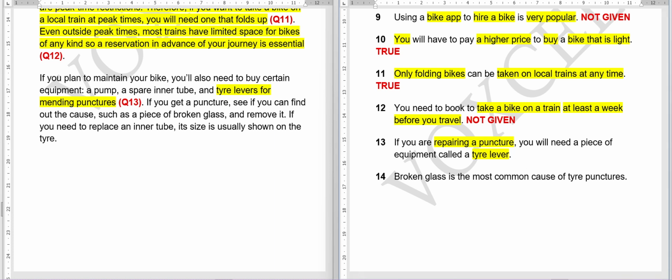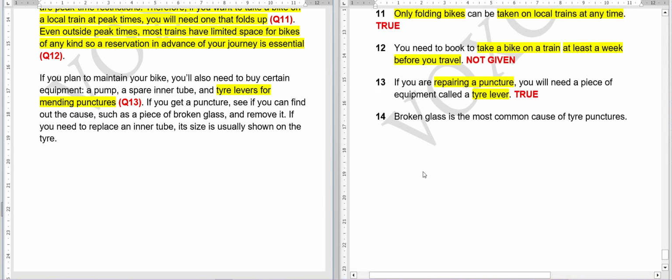Time's up, and the answer to this question is true. Yes, if you want to maintain a bike, you will need this equipment, tire levers for mending punctures. Clear? Let's look at the last question of this particular video.